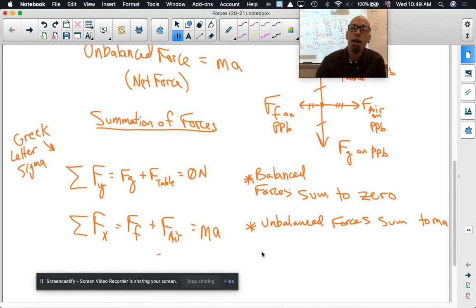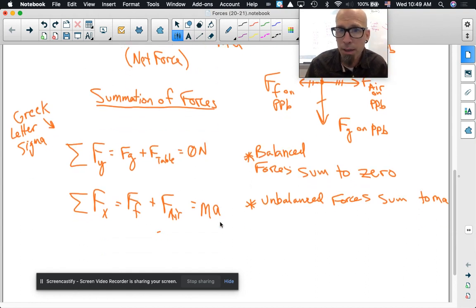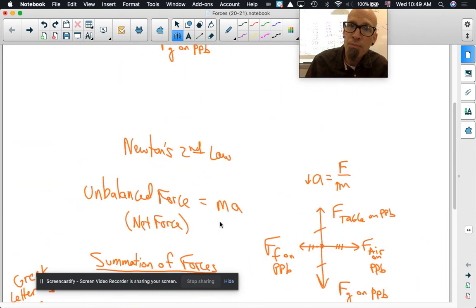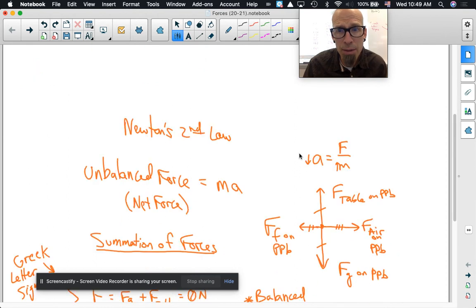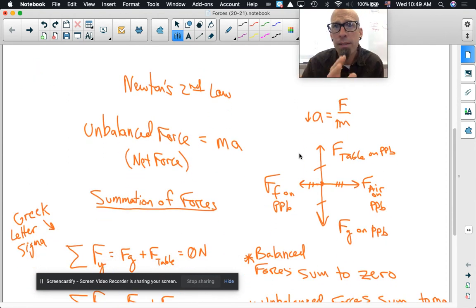Now, I know this part looks very complicated, maybe scary to some of you. It's really not that big a deal. As we go through this, it will make sense. In terms of the actual ping pong ball lab, you all knew back in 5th and 6th grade that how much force you push something with affects how it moves, and that how massive the object is affects how it moves.